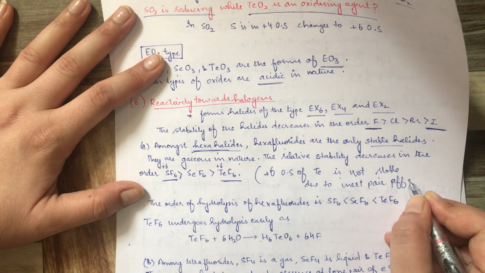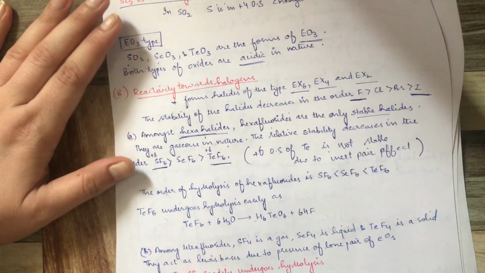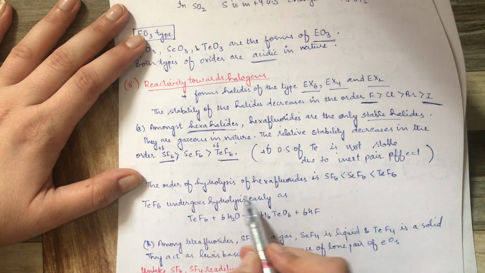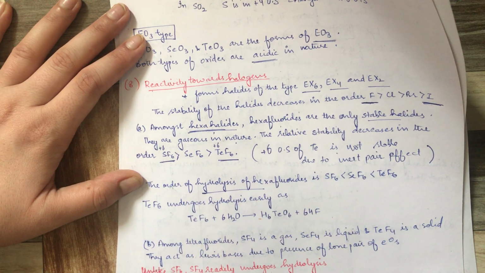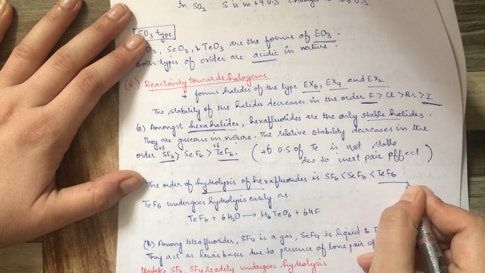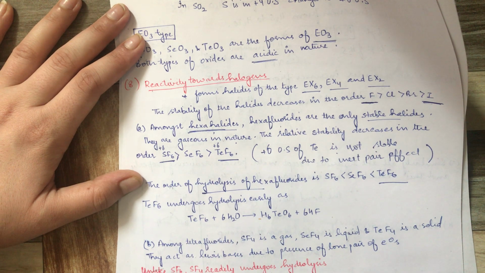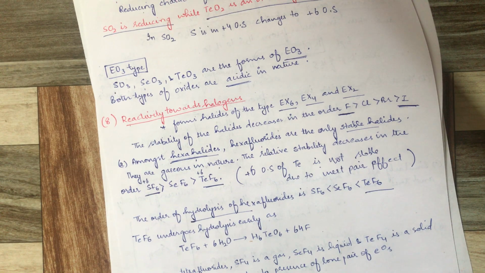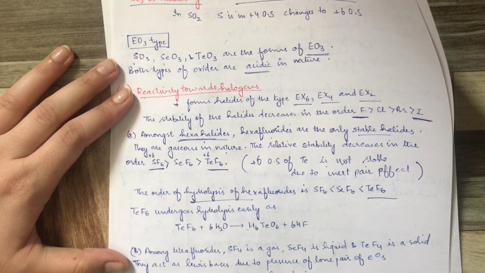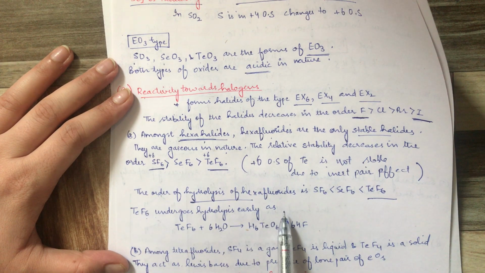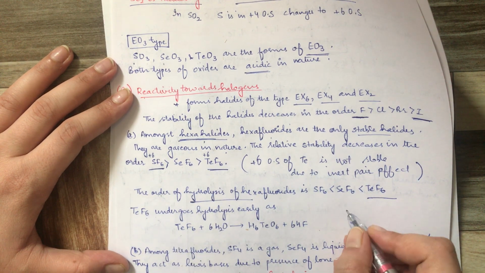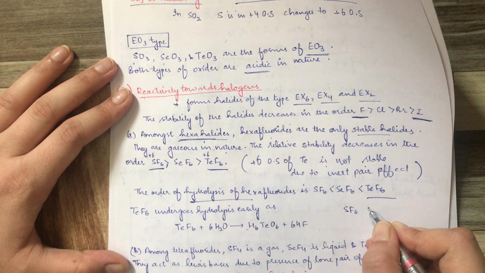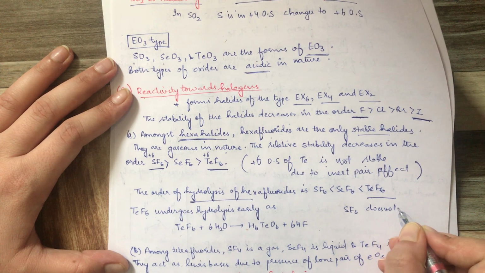So if they are less stable, what will be the order of hydrolysis, means how will they react? So TeF6 will be the most reactive towards hydrolysis, and SF6 will not undergo hydrolysis at all. So TeF6 undergoes hydrolysis easily, whereas SF6 does not undergo hydrolysis.